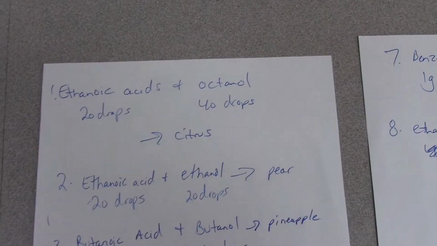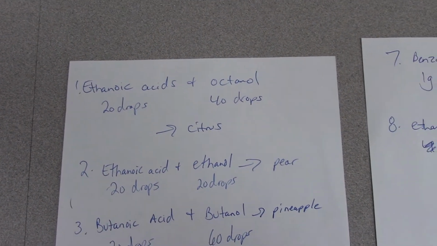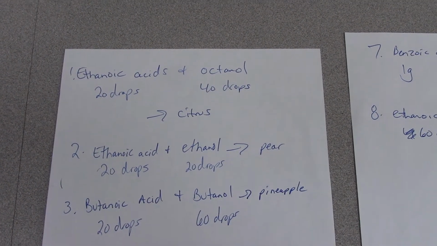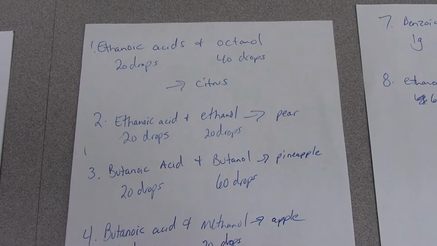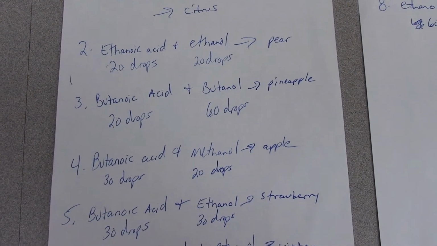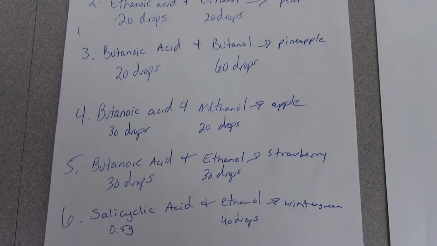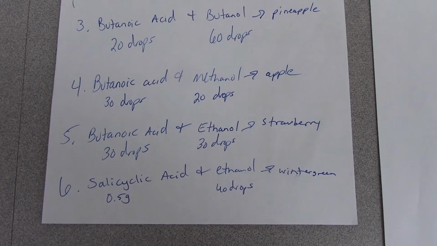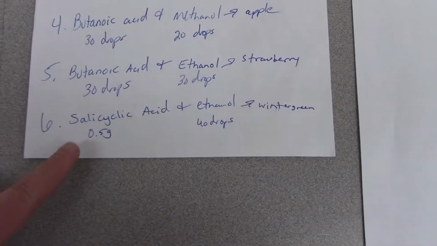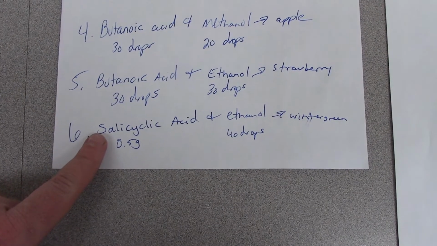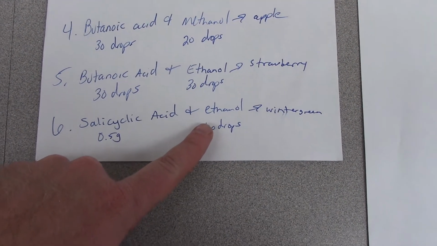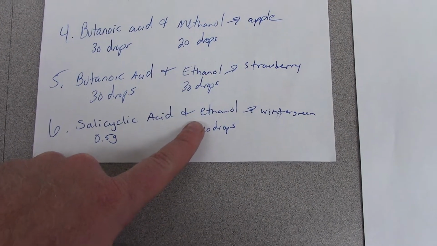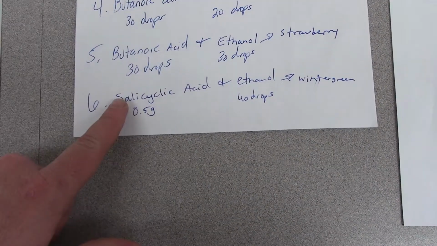Sorry, I just had to get a pencil or a pen. So these are your reactions that you're going to make esterification equations out of. There's 8 of them. Salicylic acid, you're going to have to look up. You're going to end up with ethyl salicylate.